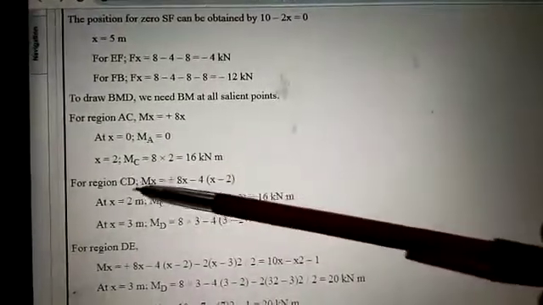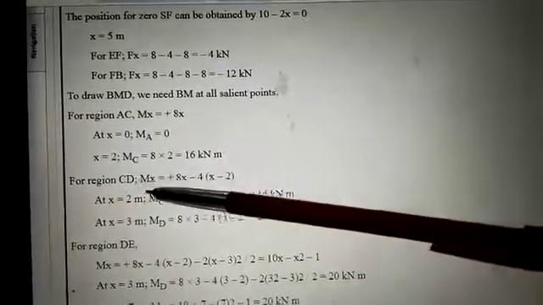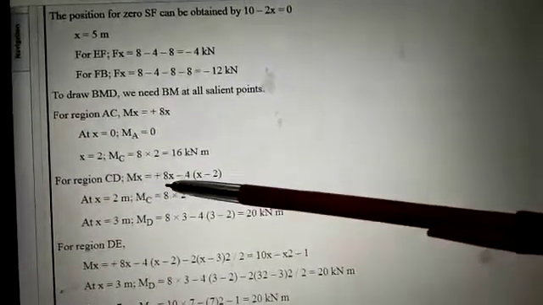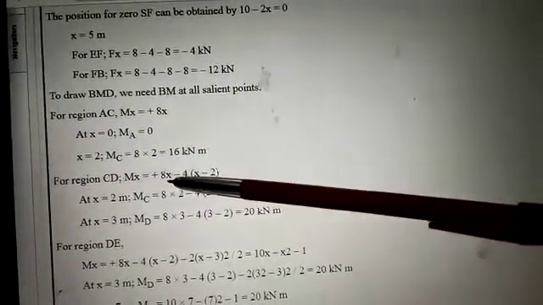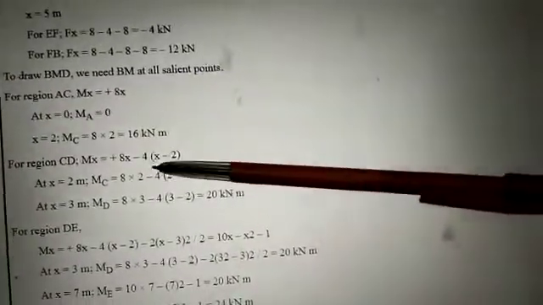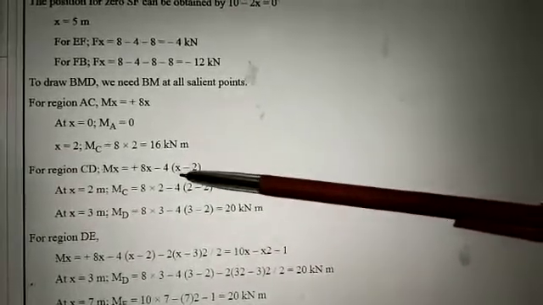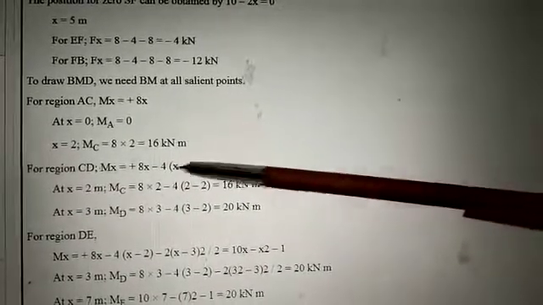Now we will consider the section between CD. So Mx will be Ra into x, that is 8 into x, minus 4, that is the loading, multiplied by the distance of the section, x minus 2.